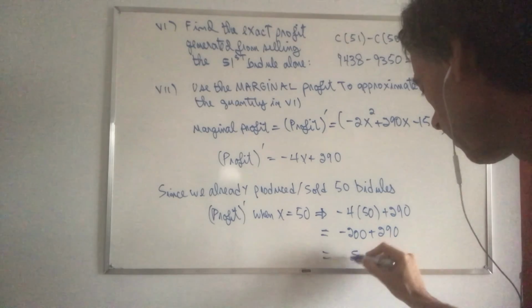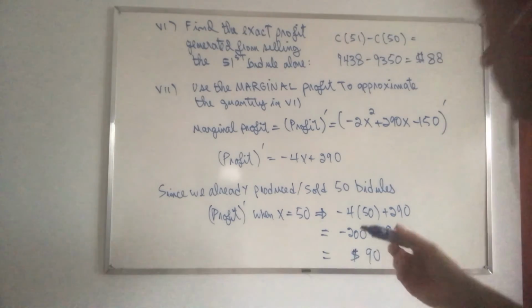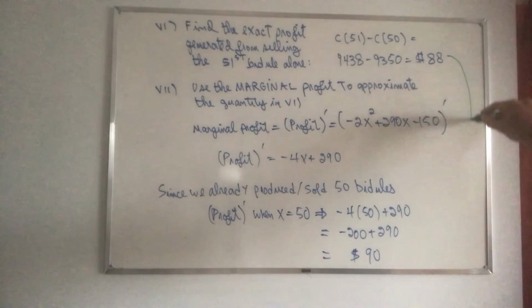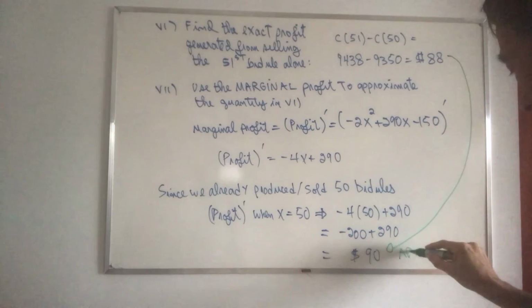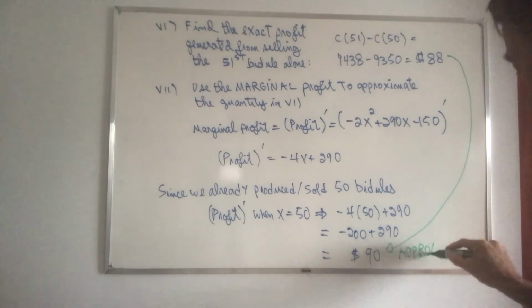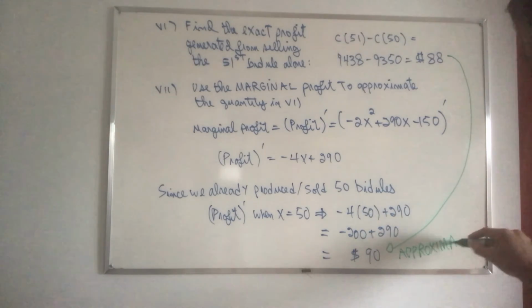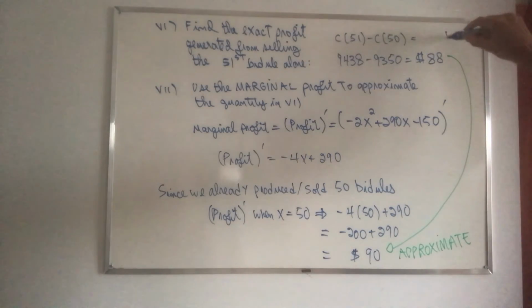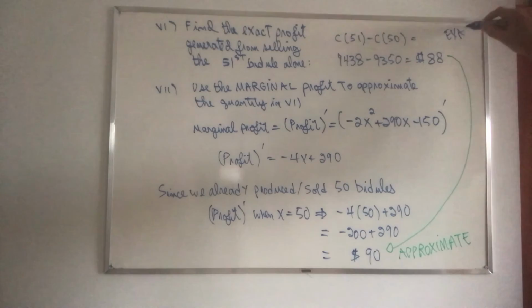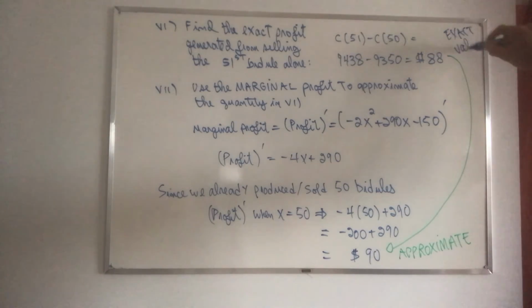And once again, you can tell that those two amounts are relatively close to each other. So this is the approximate value, while the other one is the exact value.